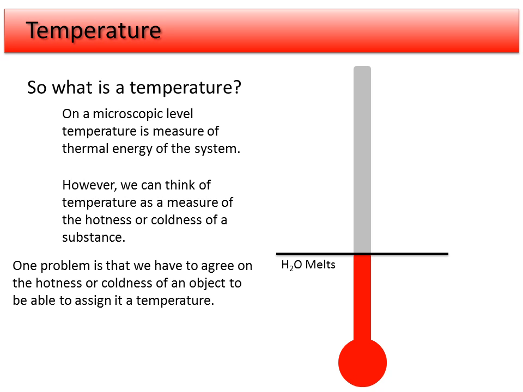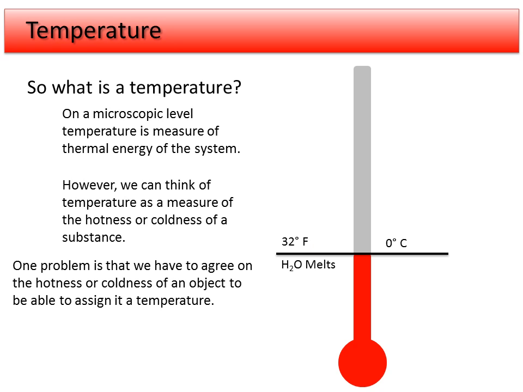We base this off of two temperatures. One is when water melts at normal pressure, and we set that to be a value. In Celsius, that temperature becomes 0 degrees. That is our 0 degree mark. In Fahrenheit, because it's a different scale, that ends up being a 32 degree mark.